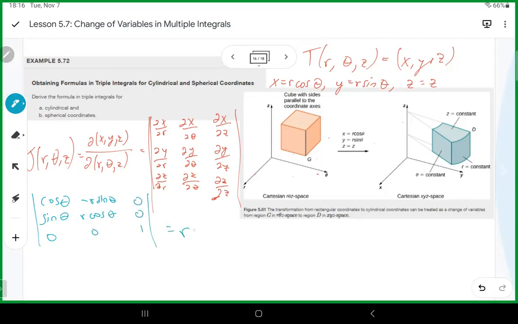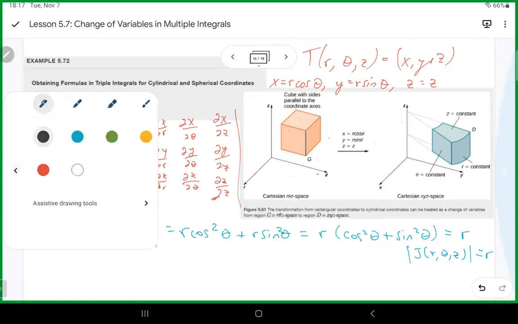So that would give us r cosine squared theta plus r sine squared theta. And then that equals r times cosine squared theta plus sine squared theta, equals r. We know that r is greater than 0, so then the absolute value is also r.